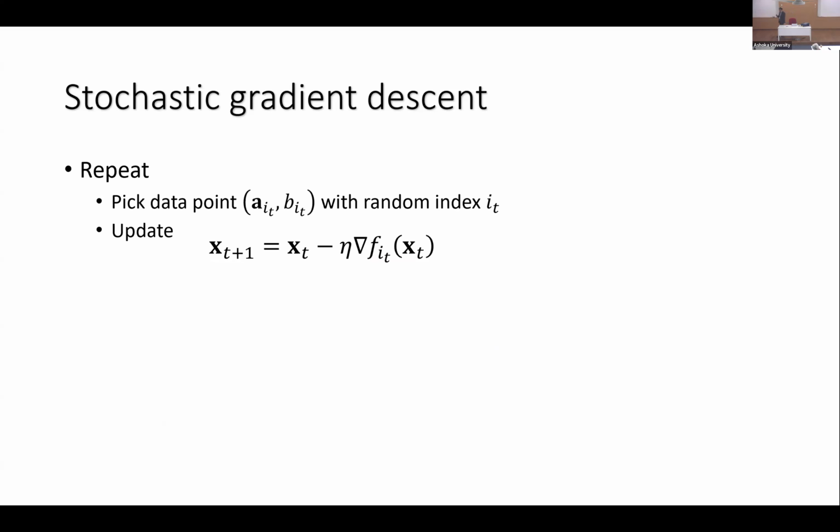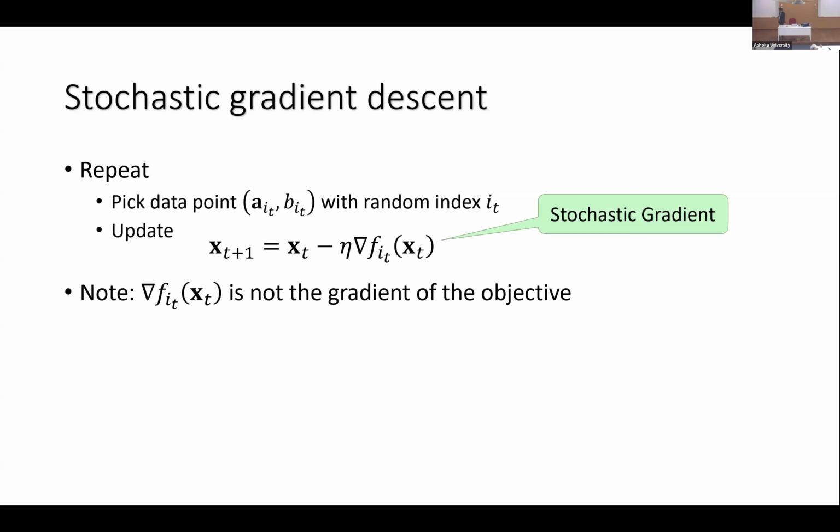Only one data point. This is not the gradient of the objective function; it is just the gradient of one of the terms of the objective function. And then I update this. So the m completely goes away here. There is no m here.